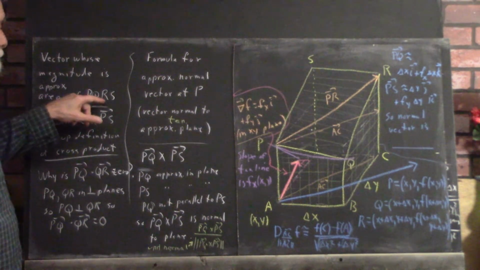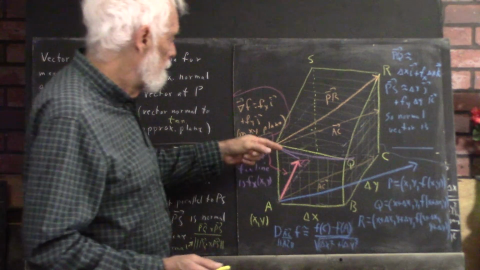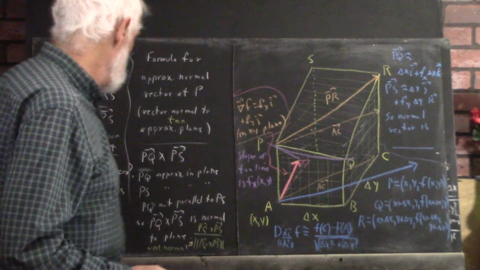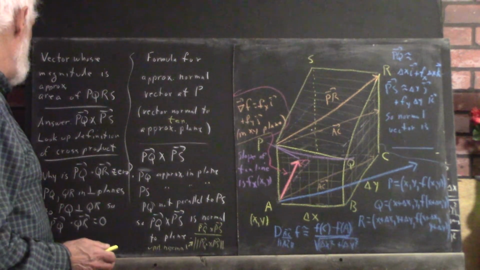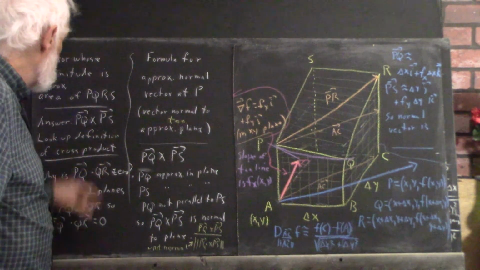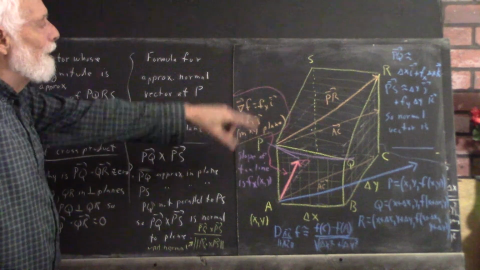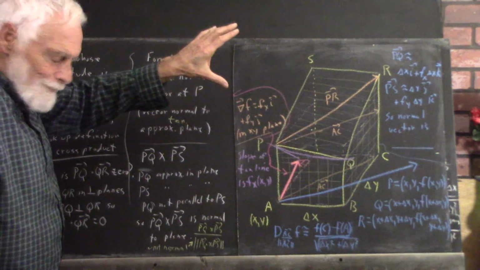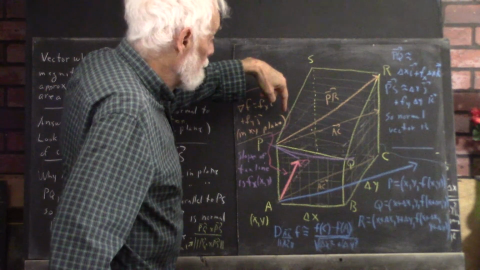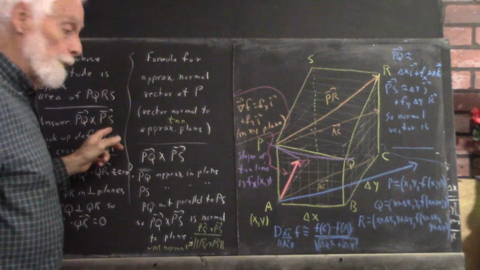So its approximate area will be the area of the rectangle defined by the vector PQ and the vector PS. So the answer is, if you do PQ cross PS, its magnitude, well, the quadrangle here, PQRS, that we're supposed to find the area of, is pretty close to the parallelogram formed by PQ and PS.